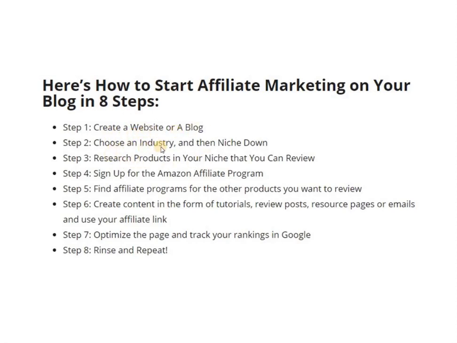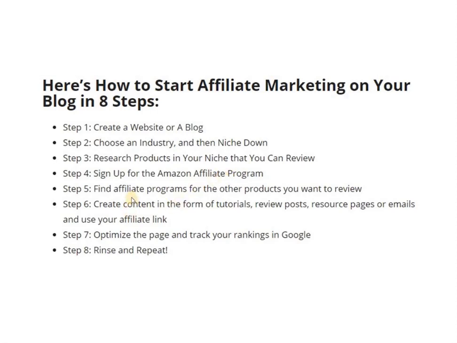Then you have to choose your interest and research products in that niche, and sign up for the Amazon affiliate program. We are going to do the Amazon affiliate program here, that's why we have selected this one.